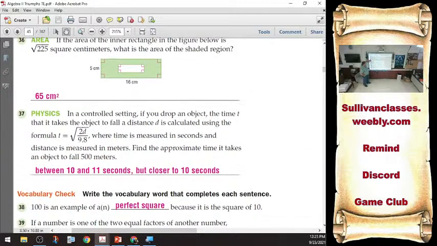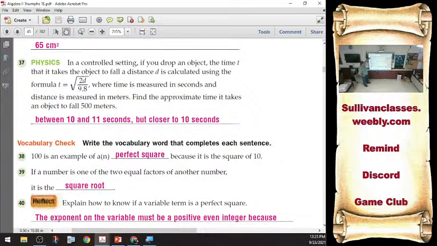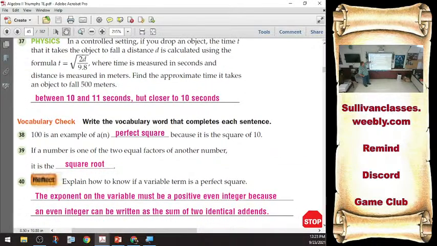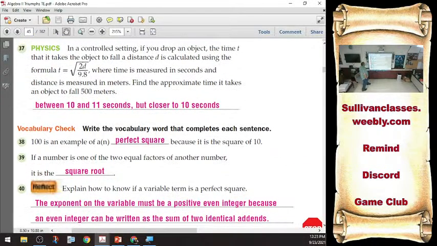All right, down at the bottom we had. No, it's blinking the pages because I'm scrolling the pages. If I drop something, it's got this formula for how long it's going to smack the ground. Find the approximate time it takes for something to fall 500 meters.